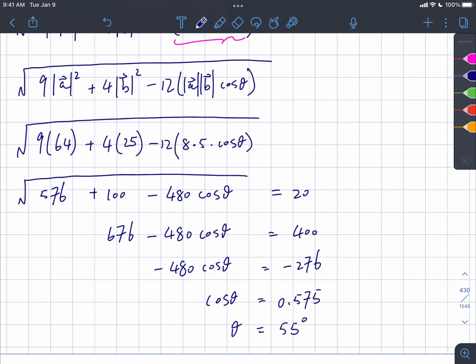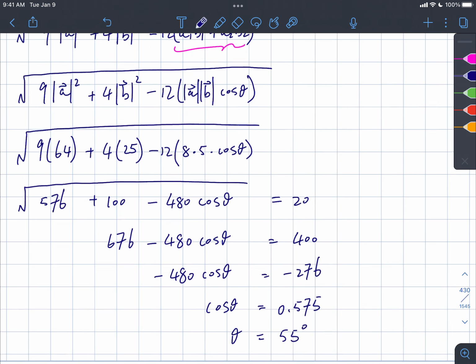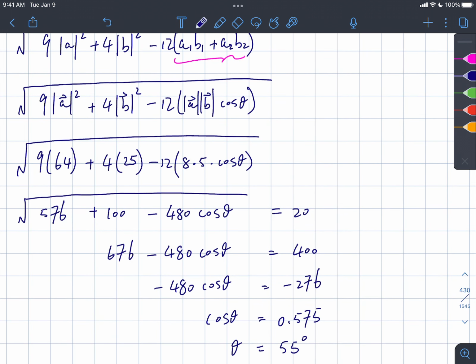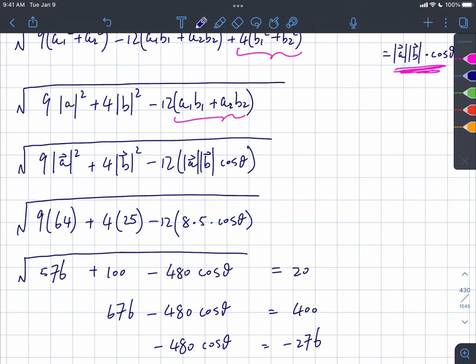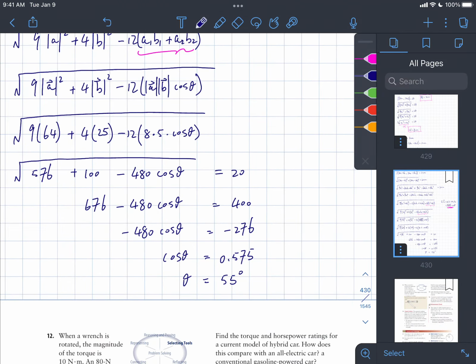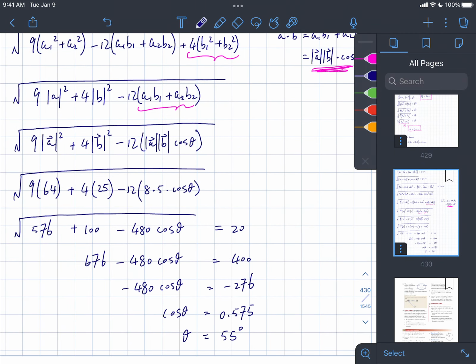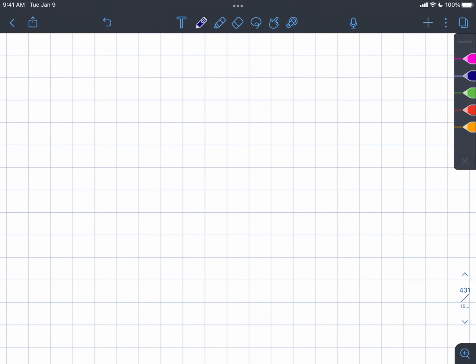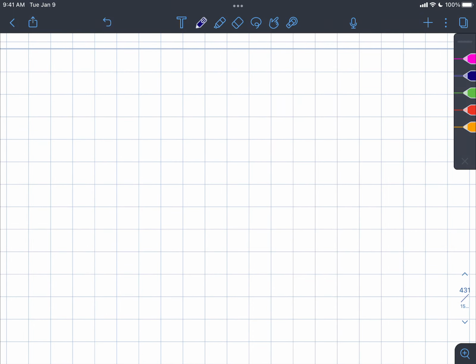And then now, the last thing would be we need to figure out the magnitude of a plus b. But all of that is pretty simple, because to figure out the magnitude of a plus b, you simply do the magnitude formula. Okay, I'm running out of room here, so I'll just put another page below. Okay, all right, let's do that. So magnitude of a plus b.